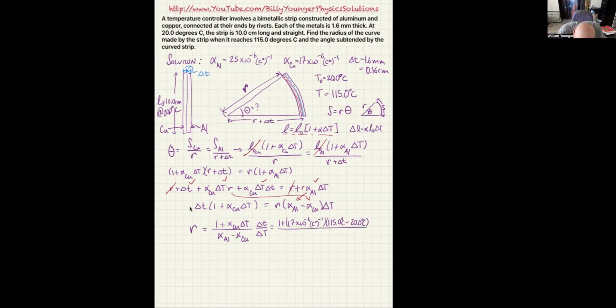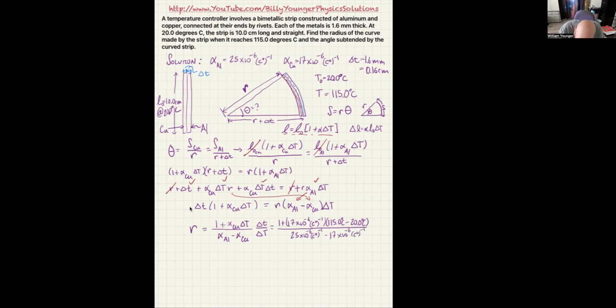And then over here, I get 25 times 10 to the negative 6 reciprocal Celsius degrees minus 17 times 10 to the negative 6 reciprocal Celsius degrees.